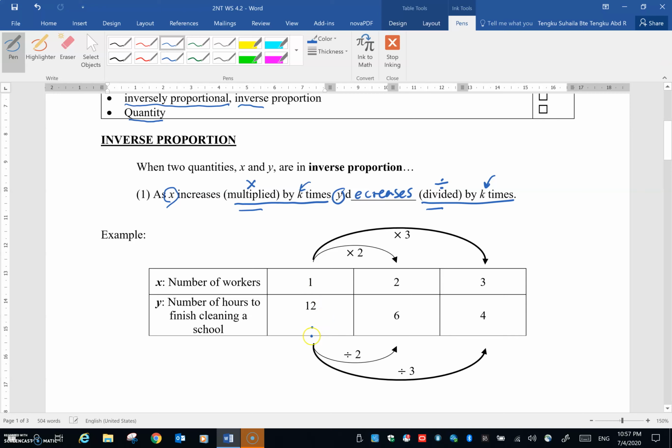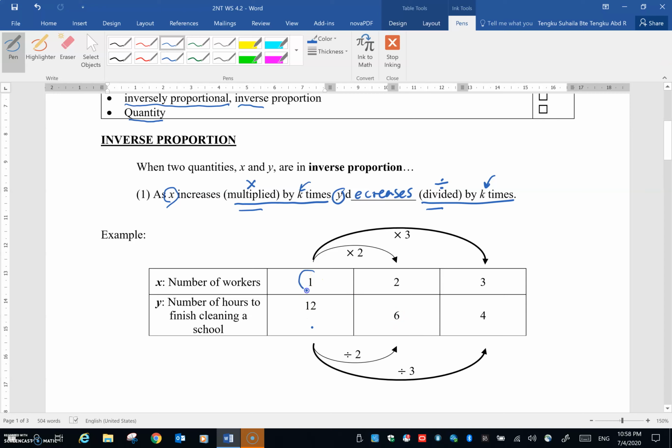Then Yong Chin, so kind, offers, "Miss Suhaila, I'll help Imran, he's my best friend." Now we have two people sweeping the classroom. Imran will have an easier time because he can share the work with Yong Chin, and they will take less time to finish sweeping the class. This is how inverse proportion actually works, guys.